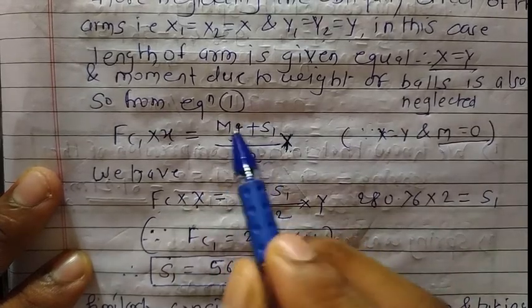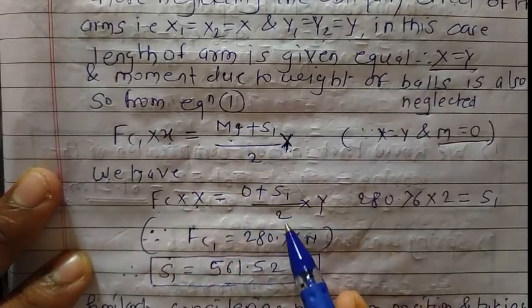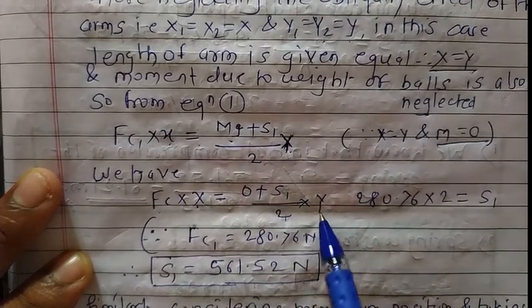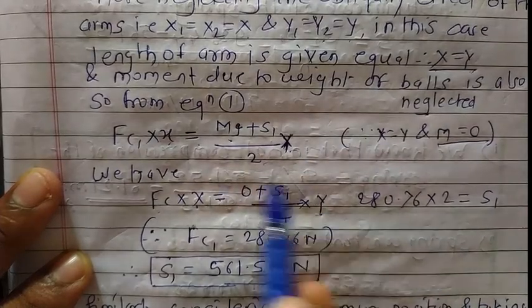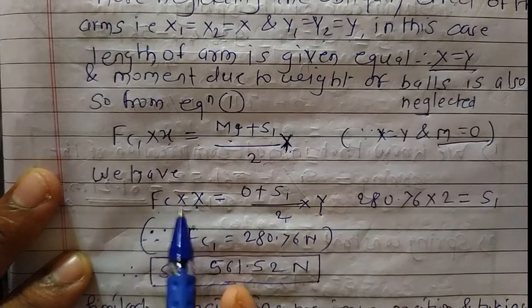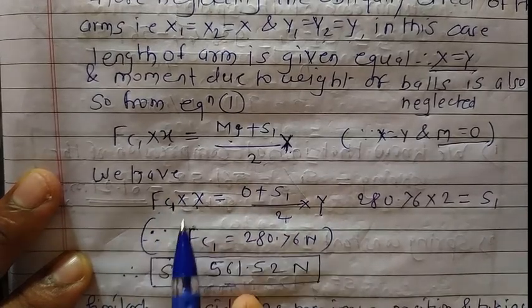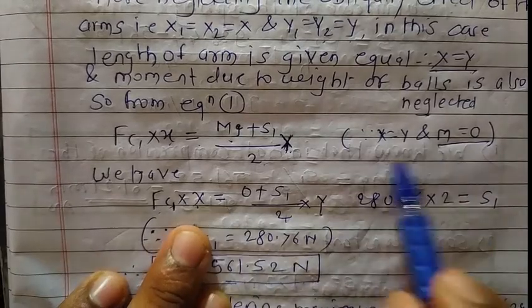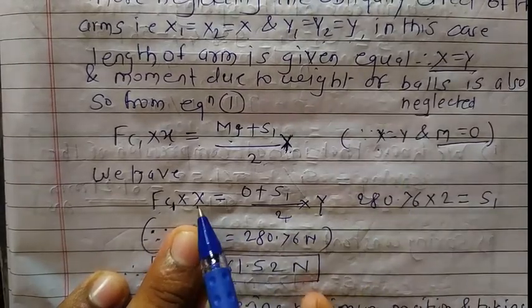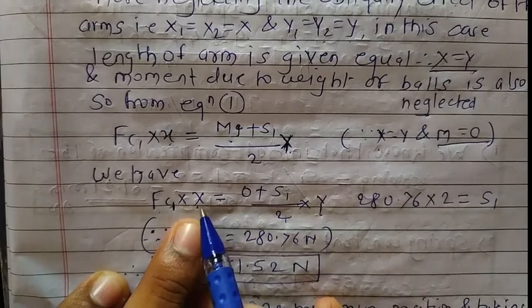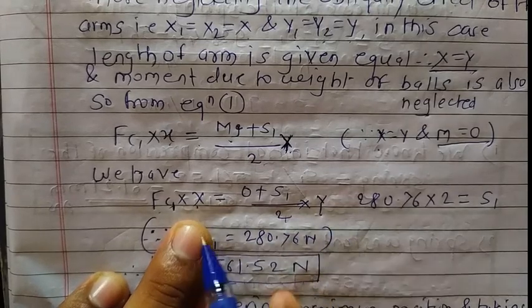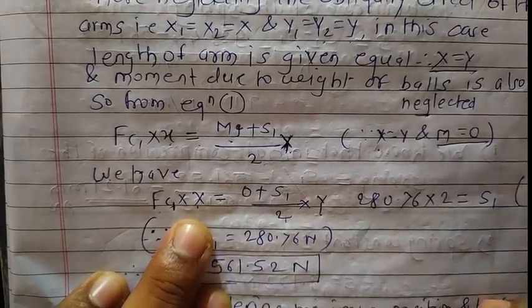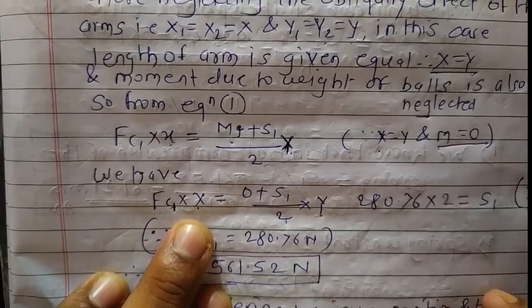This term now becomes 0, so s1 divided by 2 multiplied by y will remain here. If you substitute the value of fc1 here, what do we get? Here x equals y is given, so x divided by y, ultimately x by y equals 1.